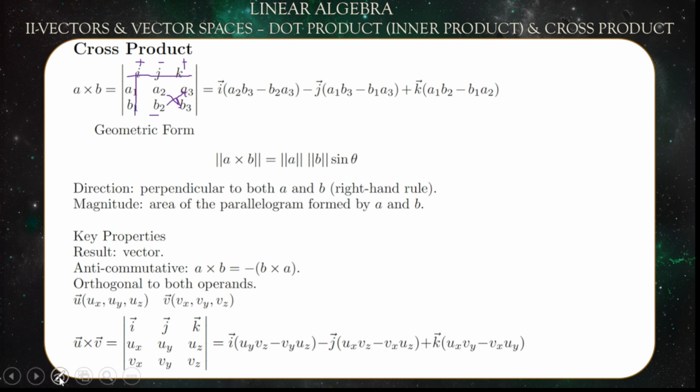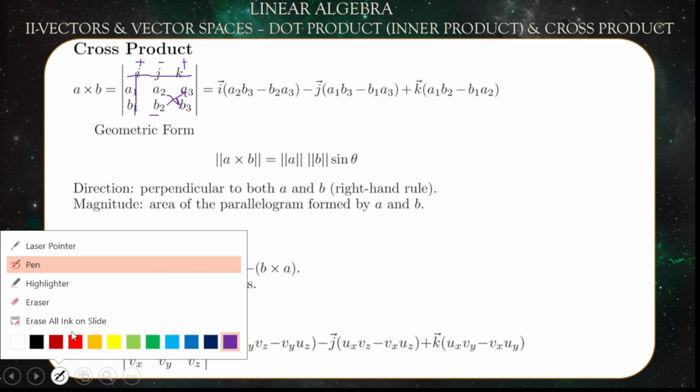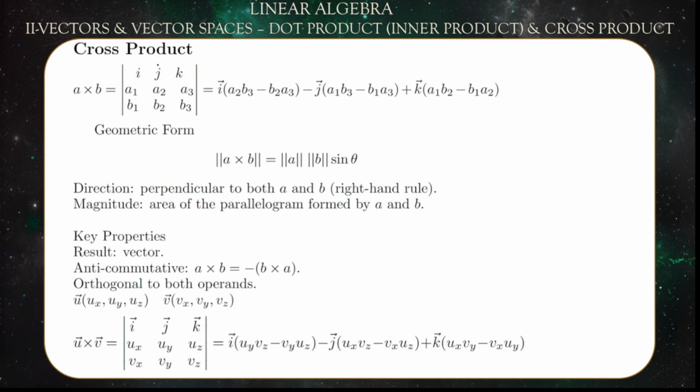Then after that, you have J. Over J you place minus, so minus J, and these are the intersecting line and column, minus J times A1, B3 minus B1, A3.